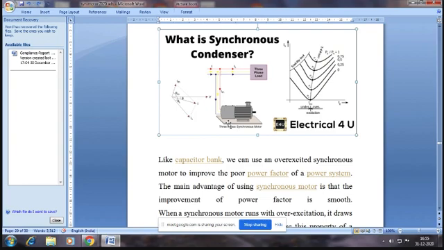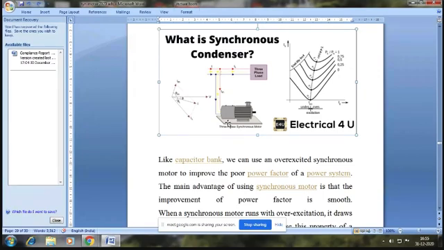How is a synchronous motor operated as a capacitive load? I have told you. Sir, any current greater than field current is given, sir. That is, any field current greater than the critical field current, we should say.